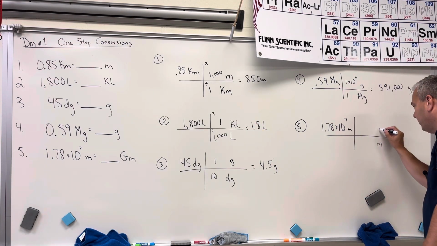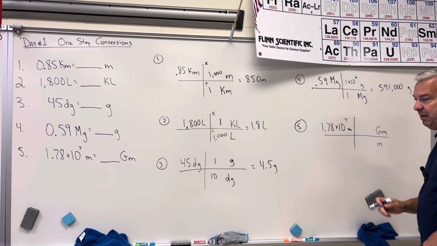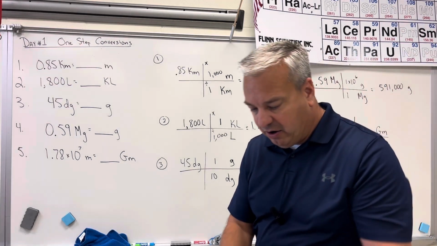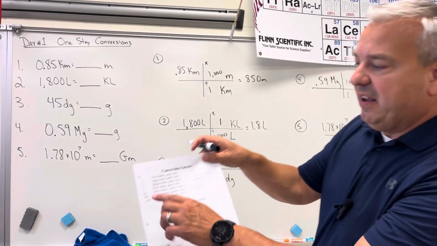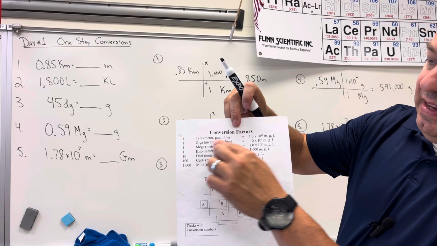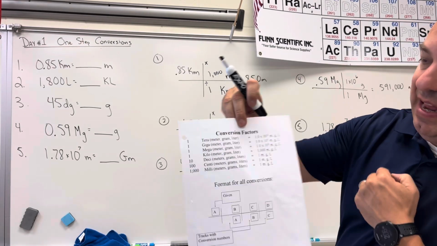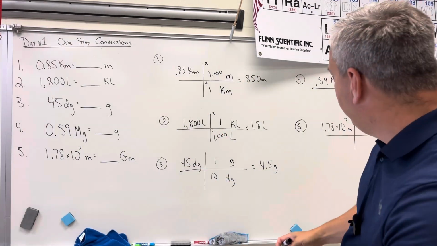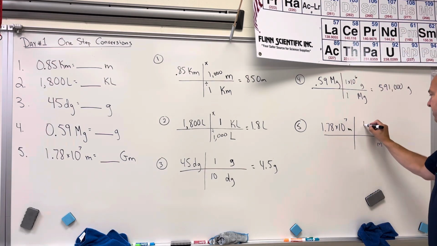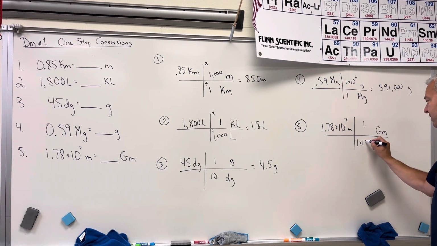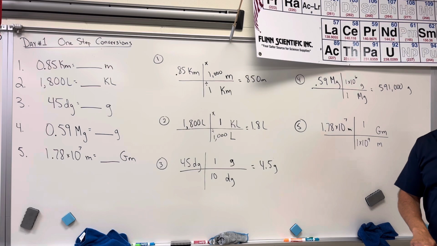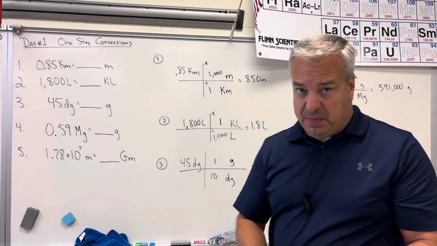So meters to gigameters. So we're going to look at our conversion factor here. And it says 1 gigameter is equal to 1 times 10 to the 9th power in meters.